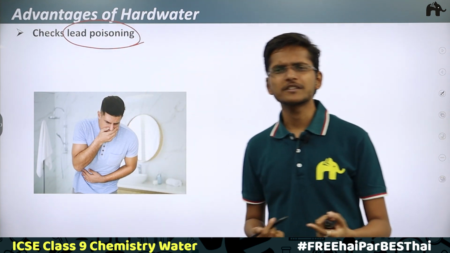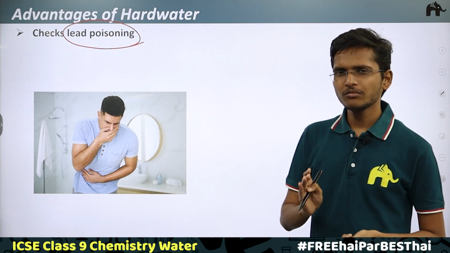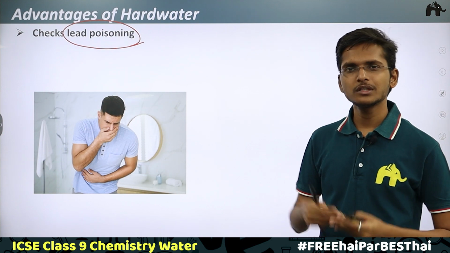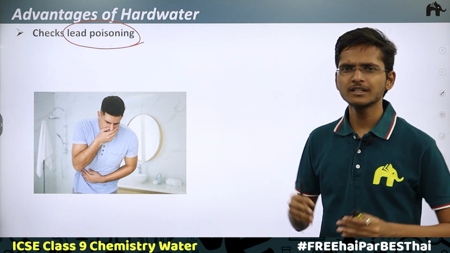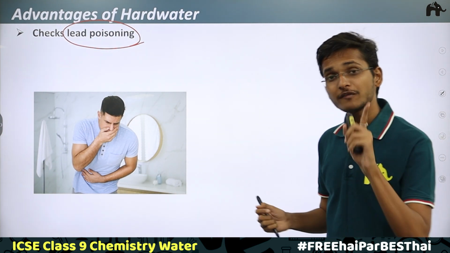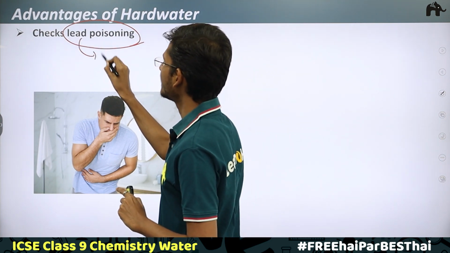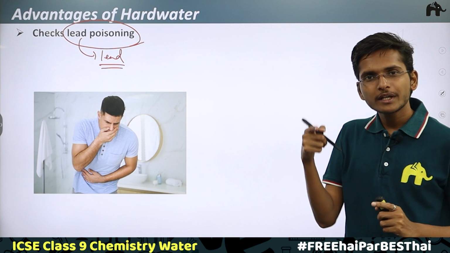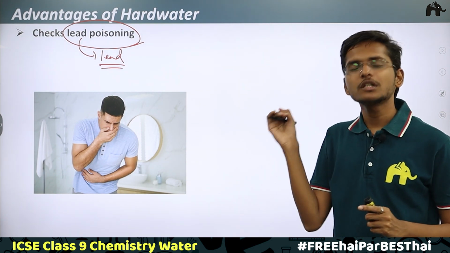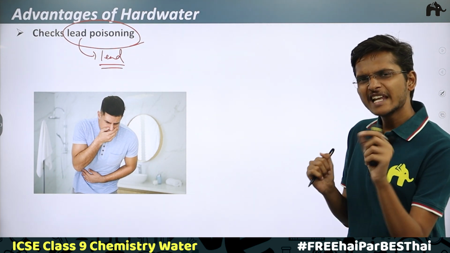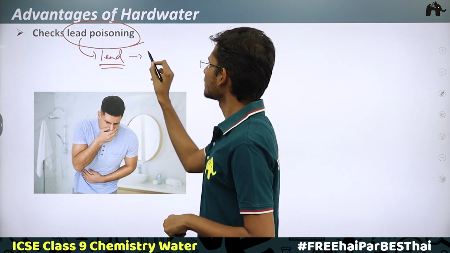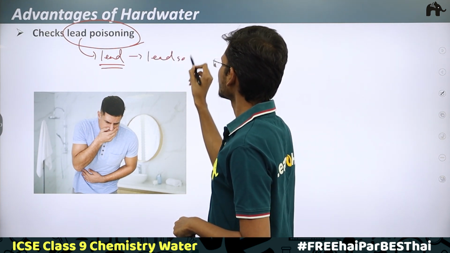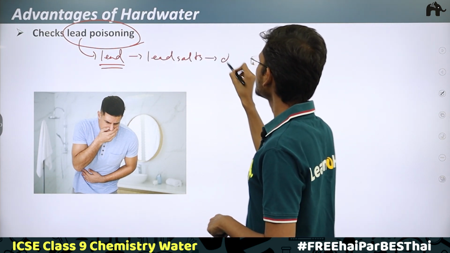Now what is lead poisoning? Some years ago, houses had pipelines made of lead. When water passed through these lead pipes, lead salts were getting dissolved in our water.